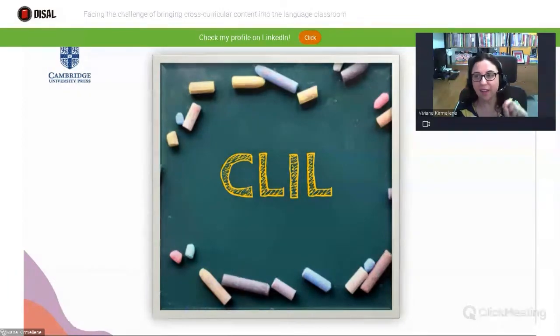Okay. Each letter here stands for a word in CLIL. So can you type in the chat box what CLIL stands for? I see one answer here already. I'm not going to tell you if you're right or wrong, okay? I just want to see your answers, your ideas.